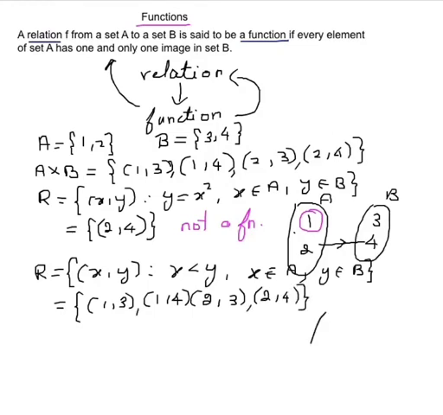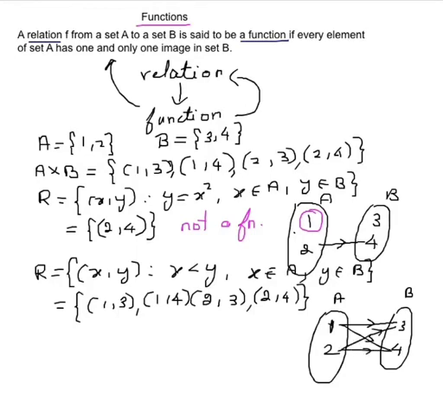All 4 elements we have. Let us see the arrow diagram for this relation. 1 is related to 3, 1 is related to 4, 2 is related to 3, 2 is related to 4. This is also not a function.